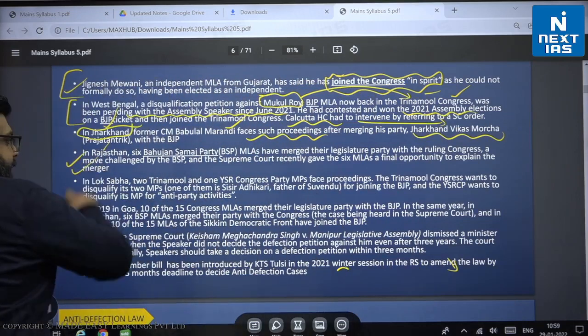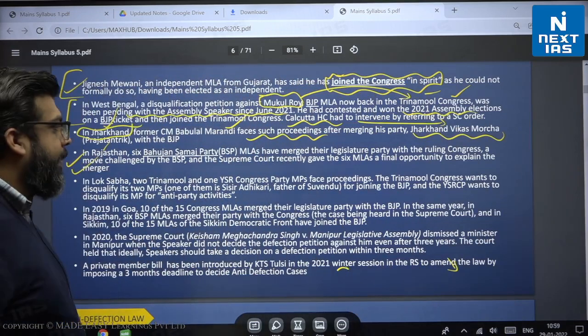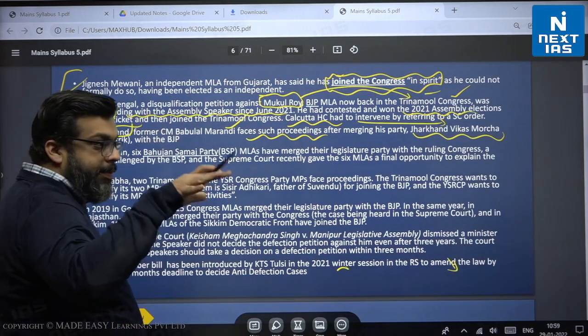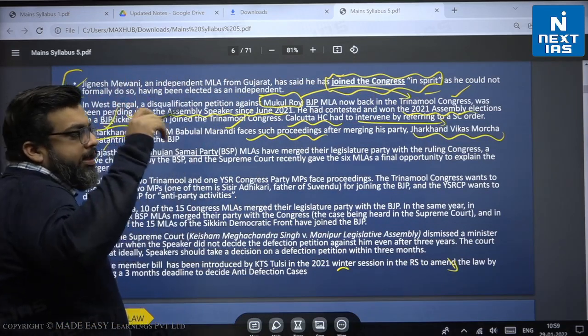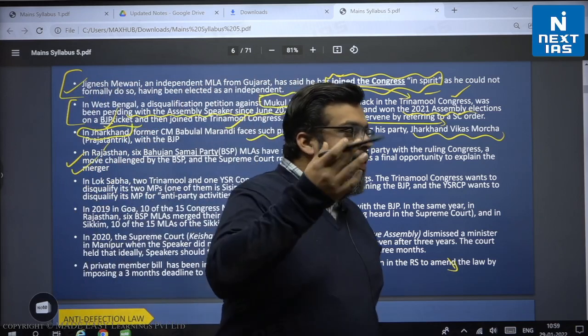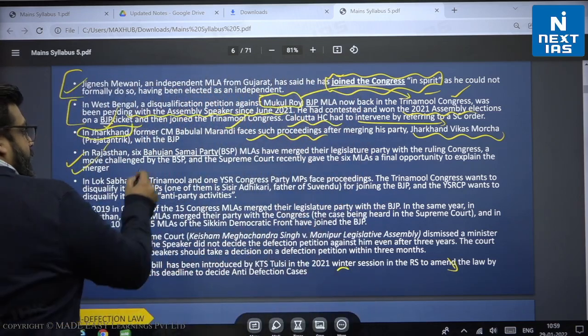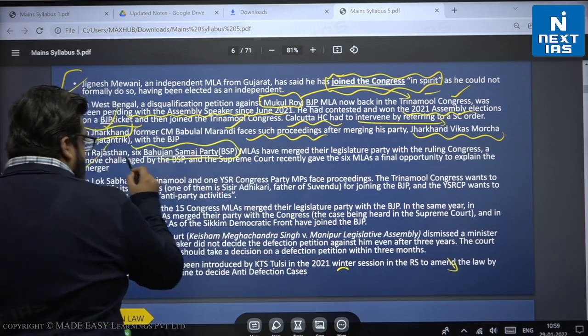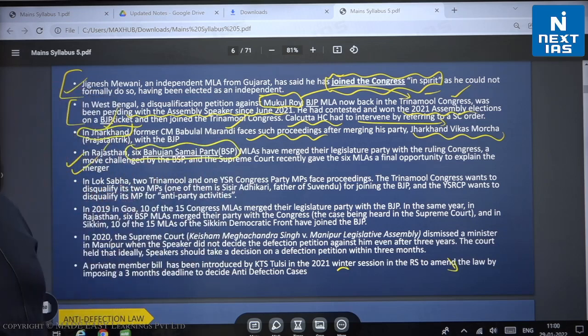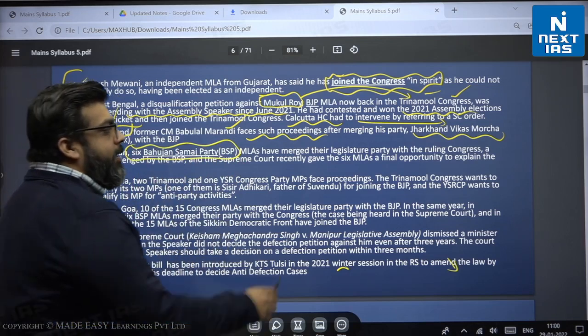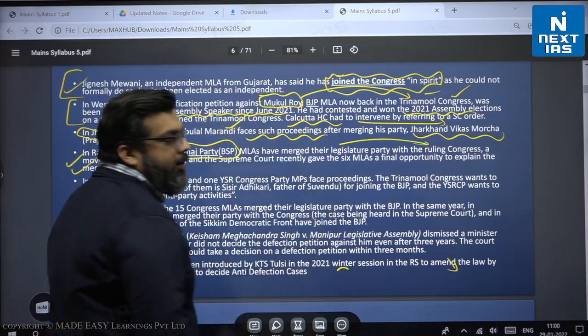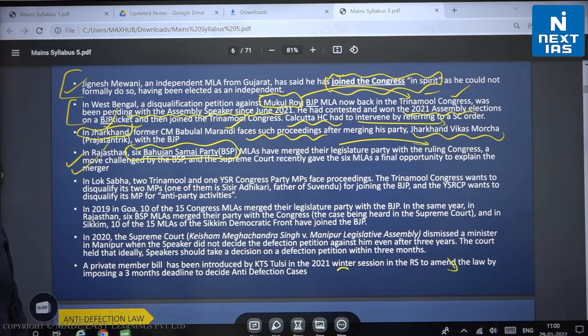Similarly, in Rajasthan, Mayawati's party, which is there in Rajasthan also. By the way, in election reforms, I'll teach you what is a national party, what is a regional party, what is a registered party. So, 6 BSP MLAs of Mayawati's have merged their entire party with the ruling Congress in Rajasthan.